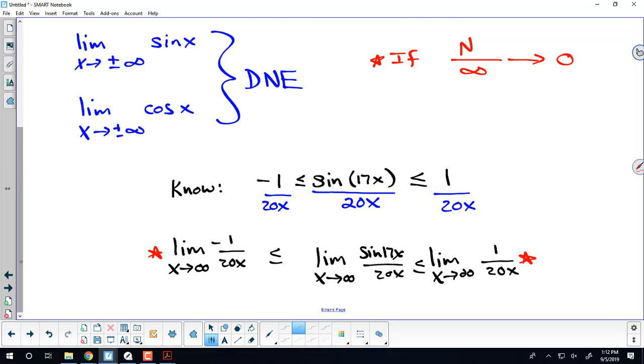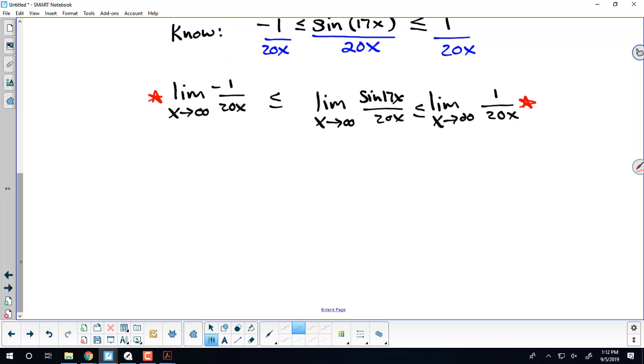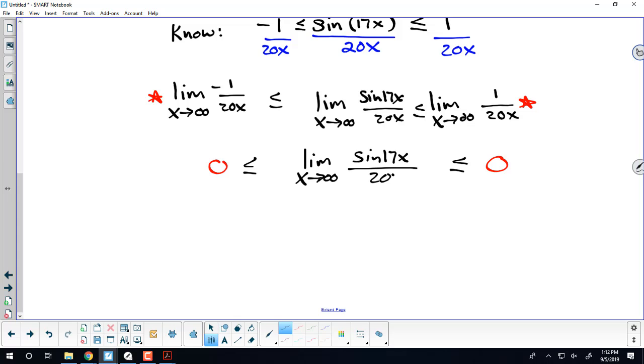So does that help us with our limit? Yeah, because both of these are 0. We know that this limit has to be 0. Okay, so therefore, that limit is 0.